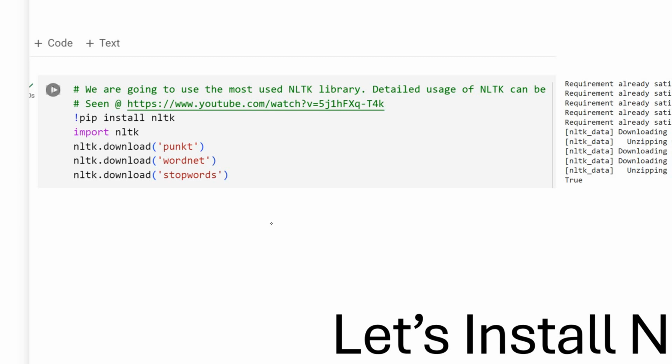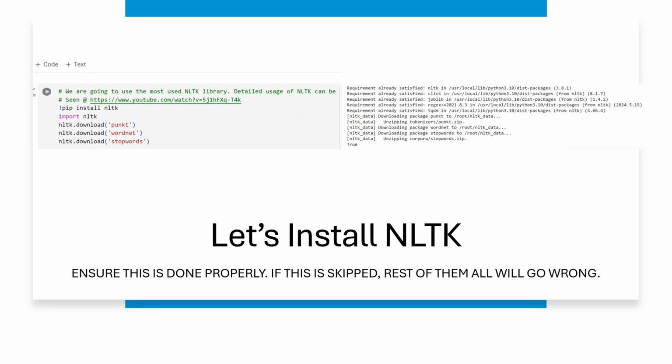Pip install NLTK, import NLTK, that's it, it's done. I have downloaded PUNKT, WordNet, stopwords. We are going to use all these in the examples, and that way we will find it very comfortable. So, we have to install NLTK first. This is to be done properly. If this is skipped, the rest of the process will not go right.